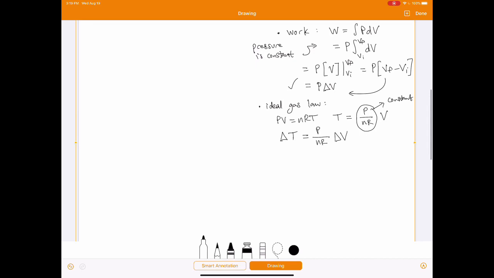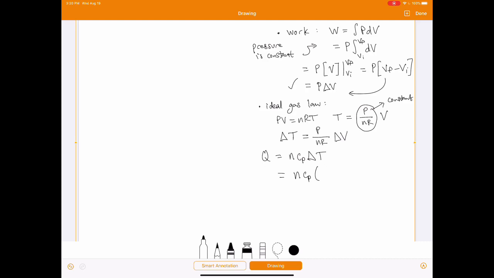So we know that the heat in this type of process is given by n Cp delta T, because pressure is constant, so we want to use the specific heat for constant pressure. That's a perfectly fine expression, but what we're trying to do here is express everything in terms of pressure and volume, because those are things you can read off of a PV diagram.